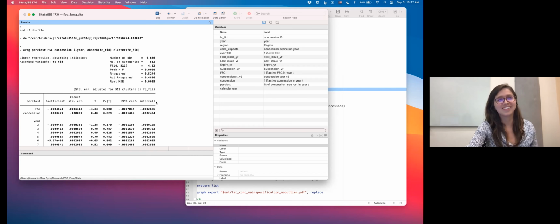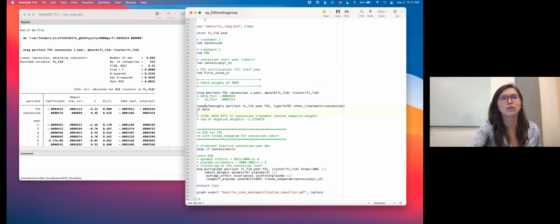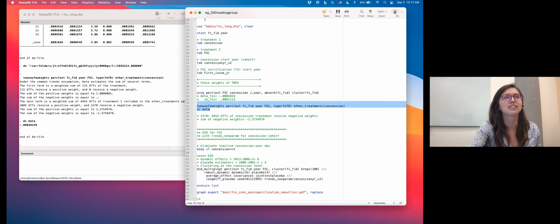But now let's see what happens with the weights. So we're going to use Clément's command, twowayfeweights, to check what's going on. So remember, in this case, we need first the outcome variable, then the group variable, the time variable, and the treatment.